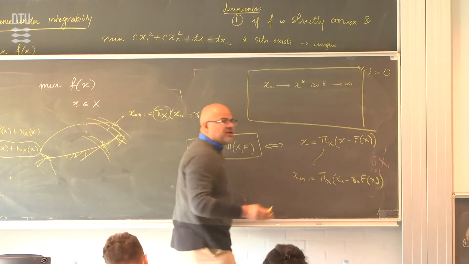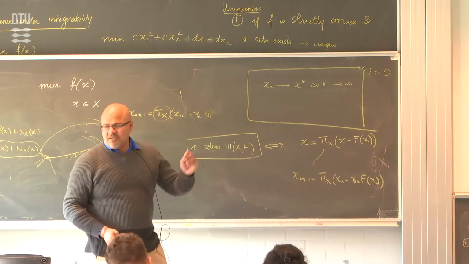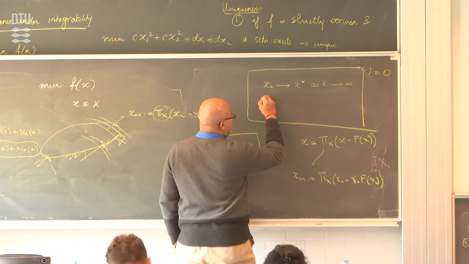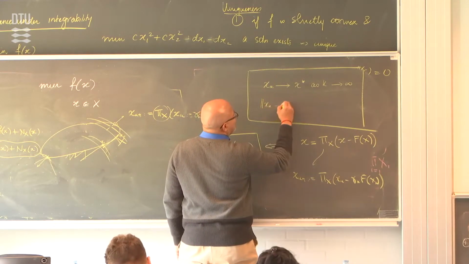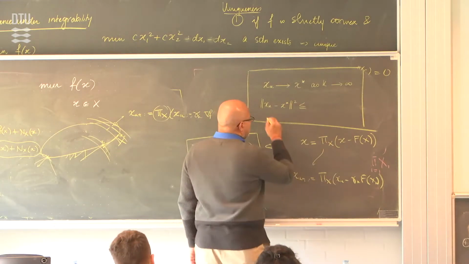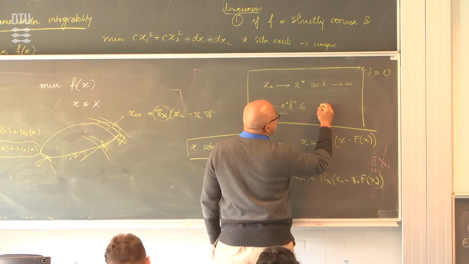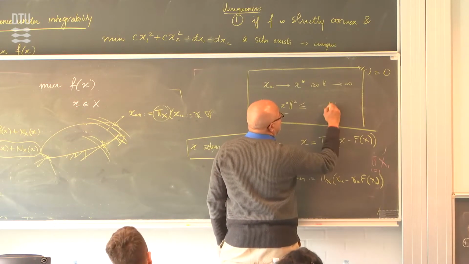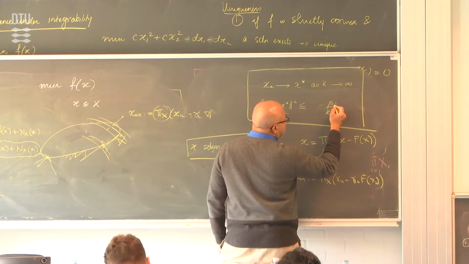So asymptotically, does the scheme produce a sequence that converges to a solution? The second is, and this is not always available, can you show that this diminishes at some rate? Maybe the rate is some beta upon k raised to some power.